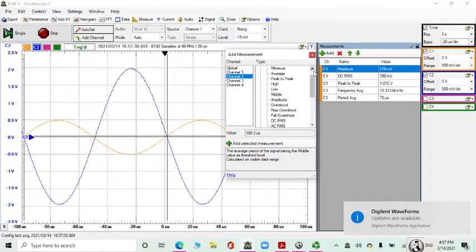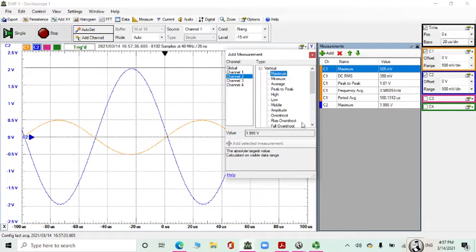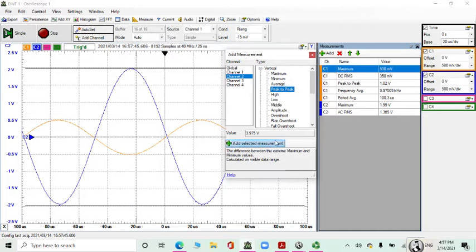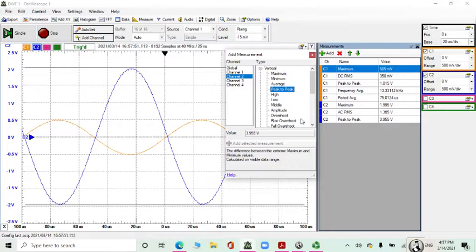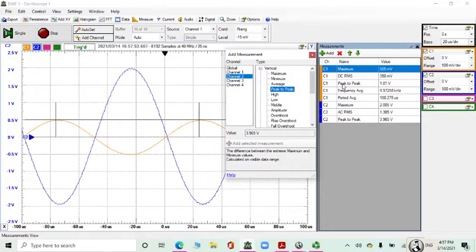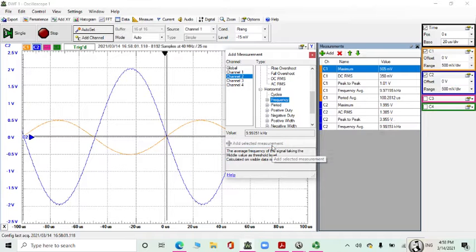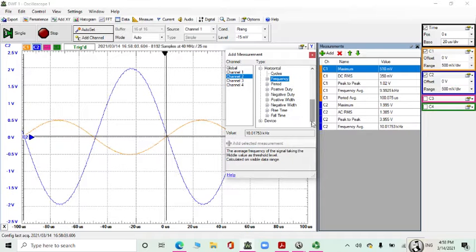Also for channel 2, we need maximum, AC RMS, and peak to peak. What else? This is 1, 2, 3, 4. Okay. Now we need also frequency, and what else do we need? Let me do period.